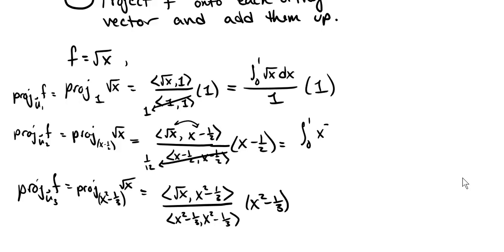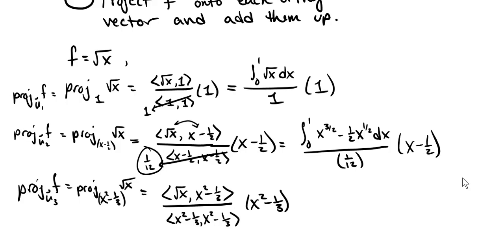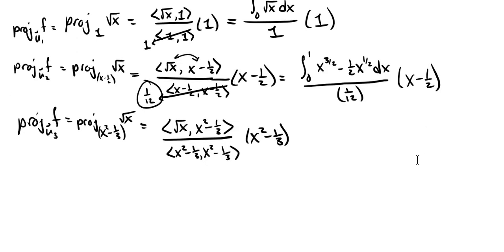So I get x to the 3/2 minus 1/2 x to the 1/2, all over 1/12, times x minus a half. I'm just showing you what all these computations require, and then I'll do those briefly off camera.